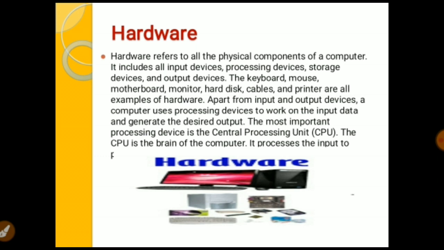It includes all input devices, processing devices, storage devices, and output devices. The keyboard, mouse, motherboard, monitor, hard disk, cables, and printer are all examples of hardware. Apart from input and output devices, a computer uses processing devices to work on the input data and generate the desired output very easily.